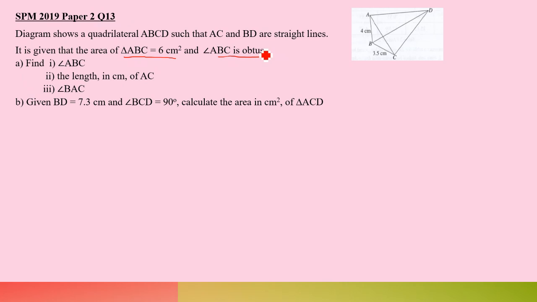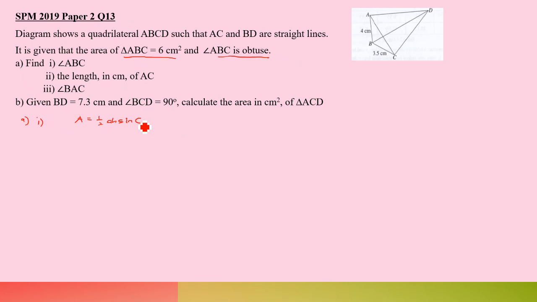So first of all, they ask you to find the angle. Since your area is given, for question A, part 1, we know area is half AB times sine C, the included angle. So that's what we want to find here. I just write the formula first, half AB sine C, just as an indication.